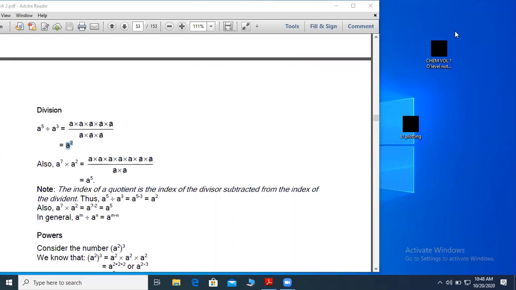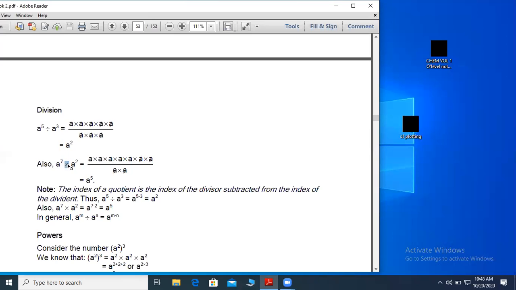Do you get me there? The answer is a power 2. Also, if I have a power 7, this is a mistake. This should be a division sign. We shall correct it.